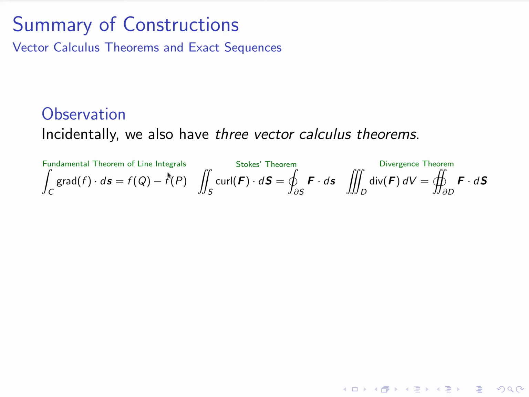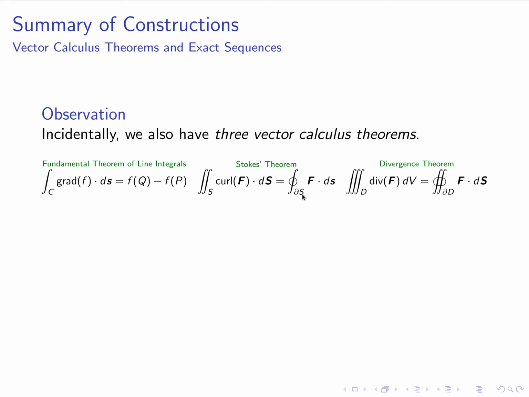After the fundamental theorem of line integrals, we did a bunch of new things, and then we learned Stokes' theorem. Stokes' theorem rigorously says that the surface integral of the curl of a vector field over a surface is the same thing as the work done by that vector field on the boundary of the surface.